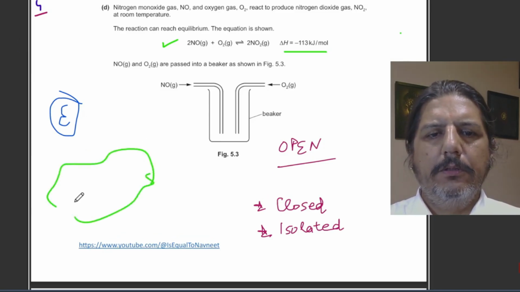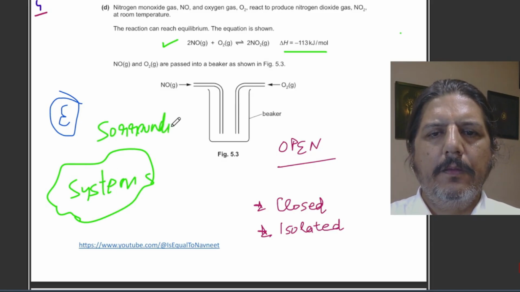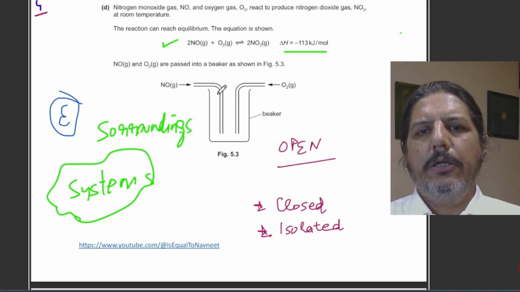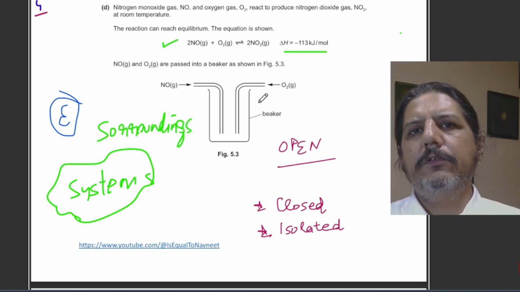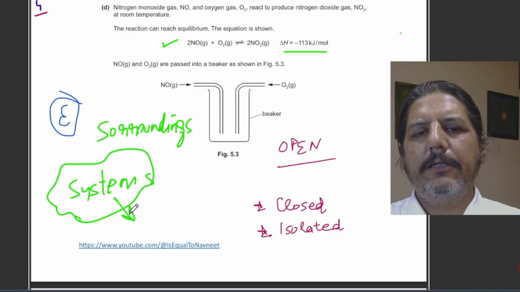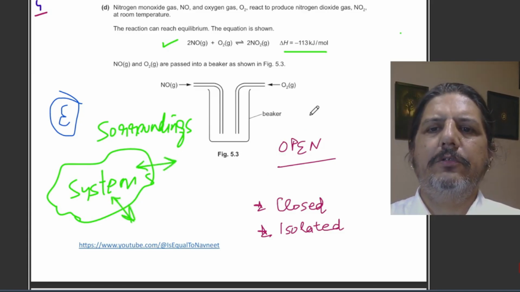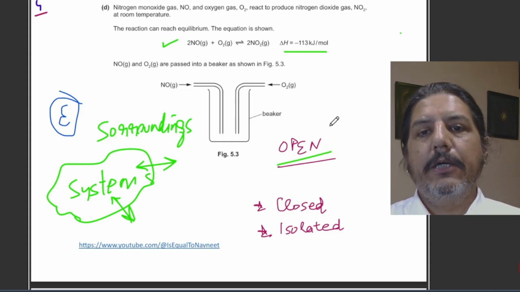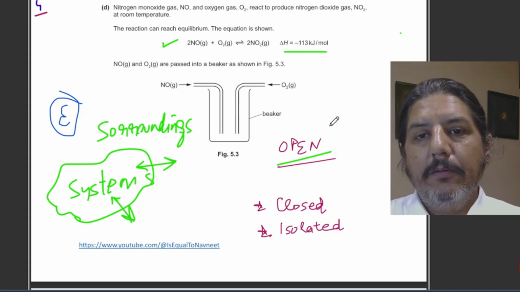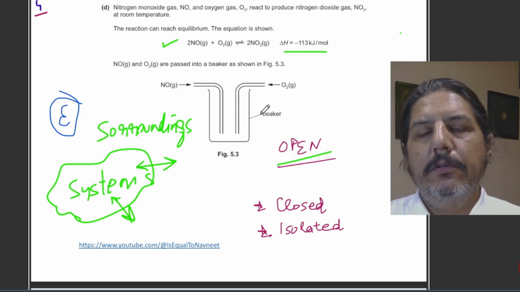So this is a system and the rest of the world is the surroundings. Now if you look, this is an open system because matter can be exchanged with the surroundings as well as energy. So it's an open system. That is why we can't have an equilibrium state in this.